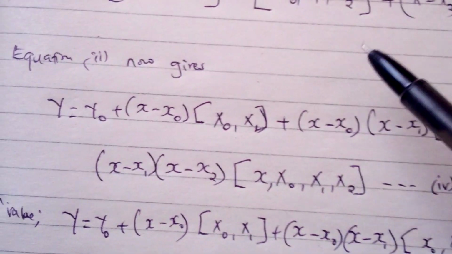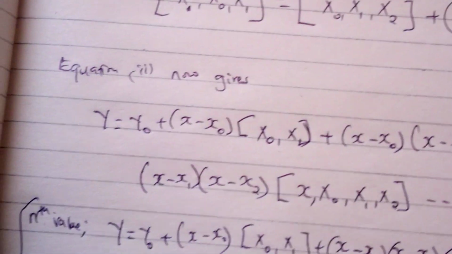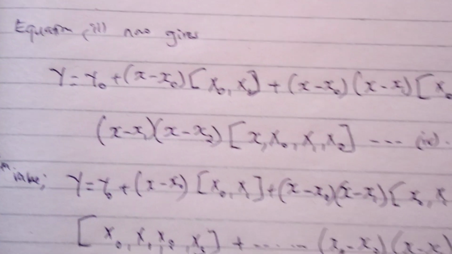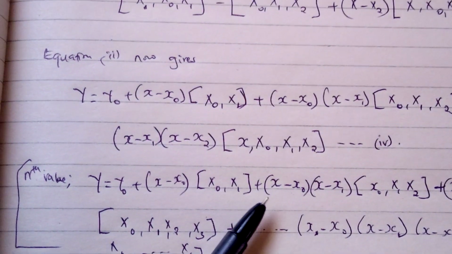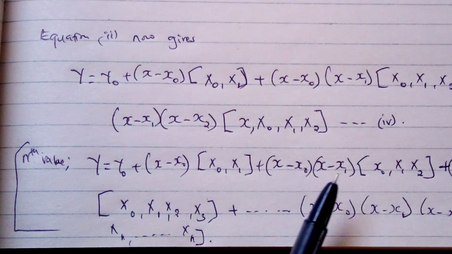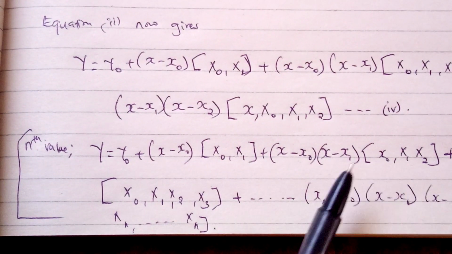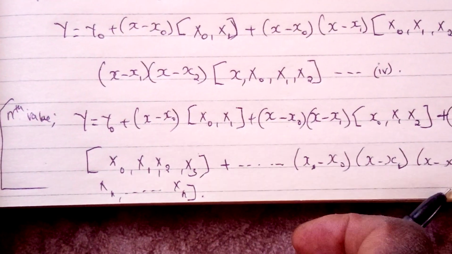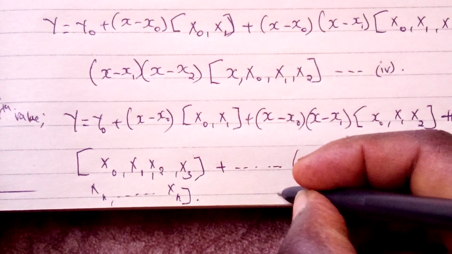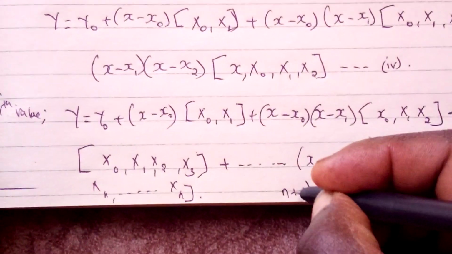So this formula here is called Newton's general interpolation formula with divided differences, the last term being the remainder term after n plus 1 terms.